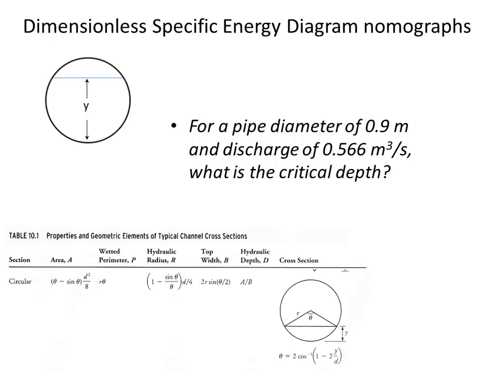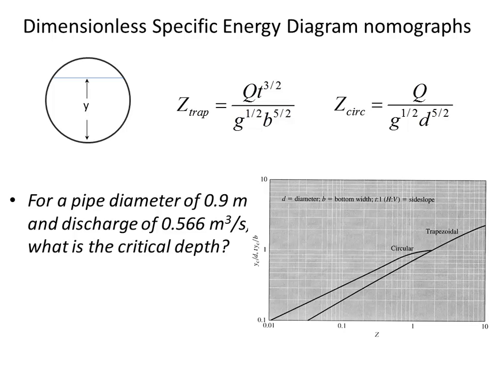And we can compare the actual flow depth to this critical depth to know if conditions are subcritical or supercritical later on. But there's an easier way. And the easier way uses the nomograph. And there's a nomograph prepared for both a trapezoidal channel and a circular channel. And over here on the y-axis, I want to point out that this y sub c to d is for the circular pipe.